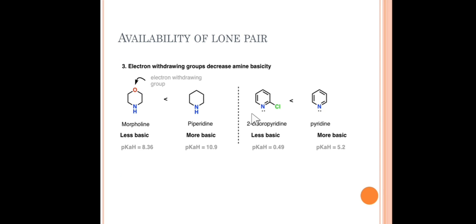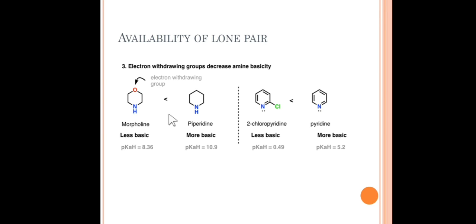In the next example, we are considering electron withdrawing groups attached near the NH2 group. In the first example, we are considering morpholine and piperidine. Friends, morpholine has one more oxygen than piperidine. This oxygen at the 4 position will withdraw electron density towards itself, and the lone pair on the nitrogen is least available for donation.